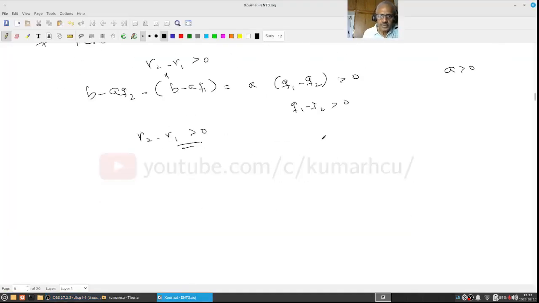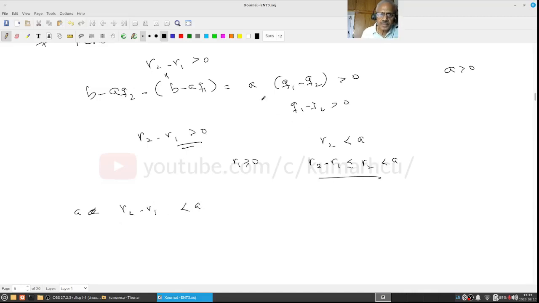Now notice that r2 is strictly less than a and r1 is greater than or equal to 0. Therefore, r2 minus r1 is less than or equal to r2, but that's less than a. You understand that? Therefore, r2 minus r1 is strictly less than a.